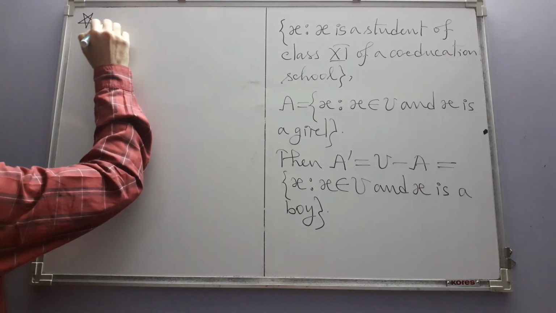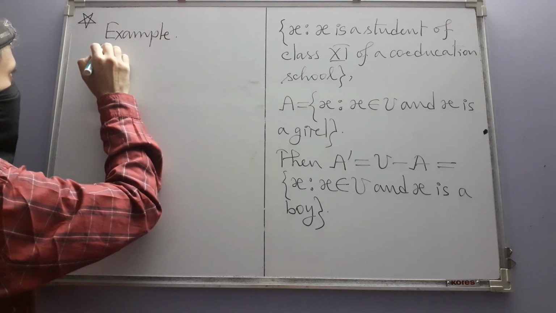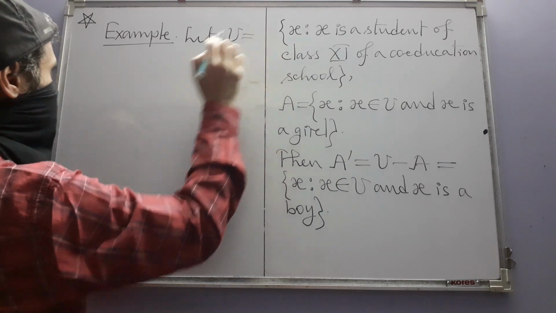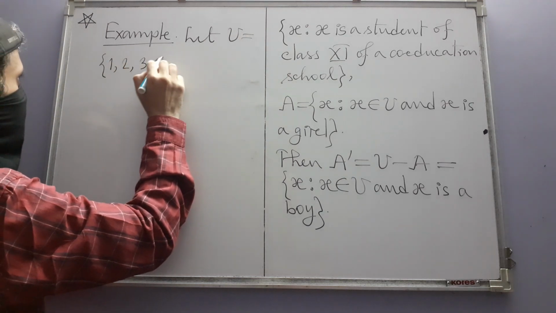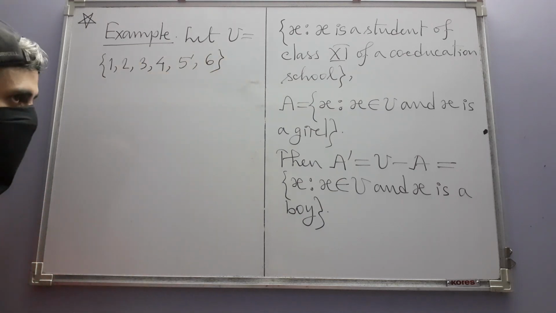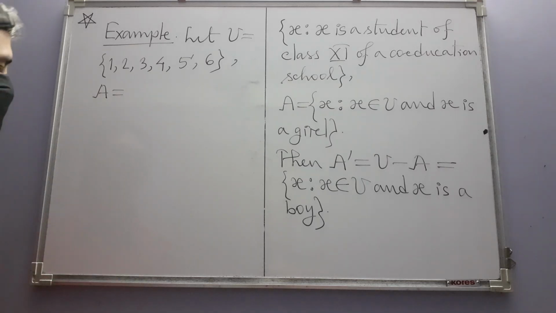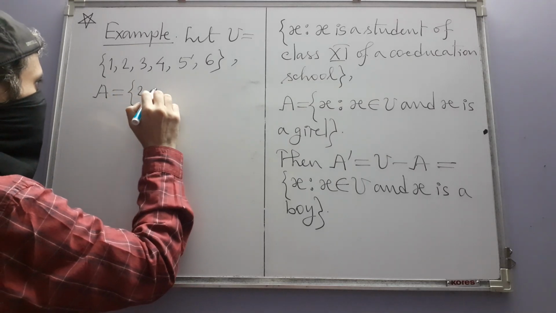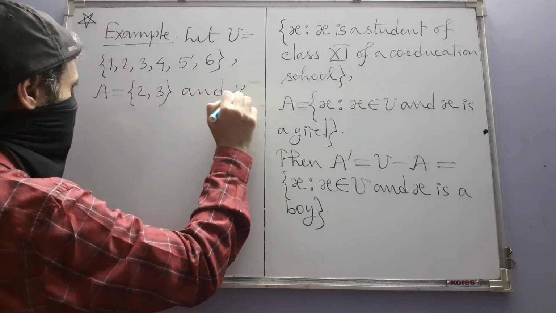In this example, let U be the set of all positive integers less than or equal to 6, and A be the set consisting of the numbers 2 and 3, and there is another set this time.